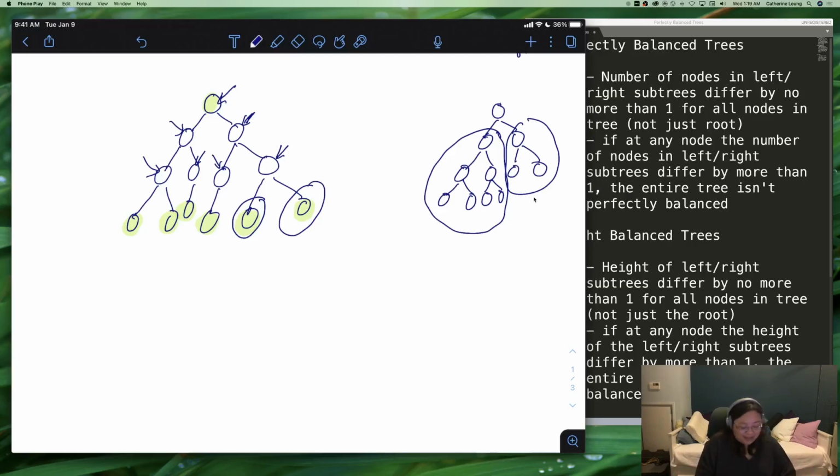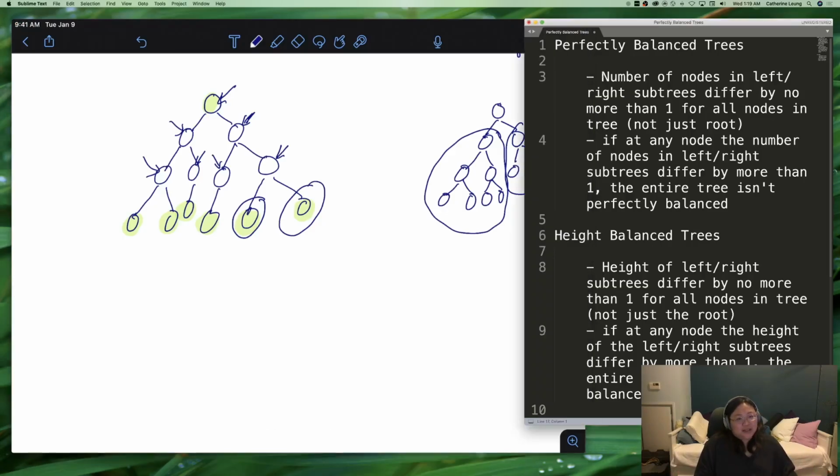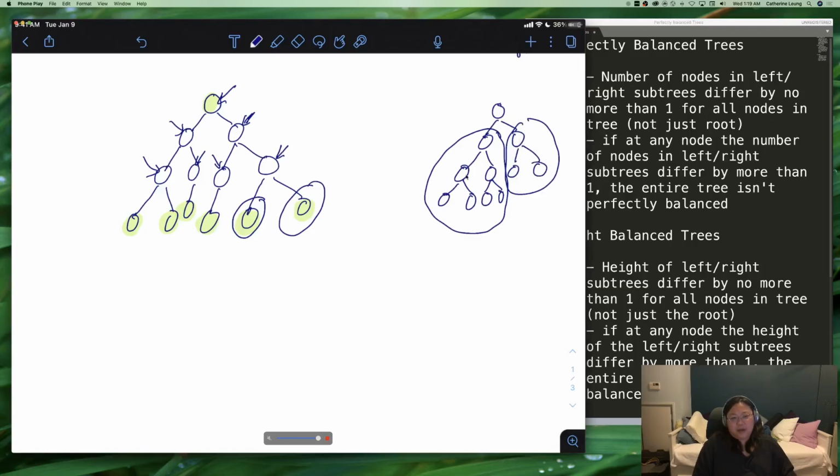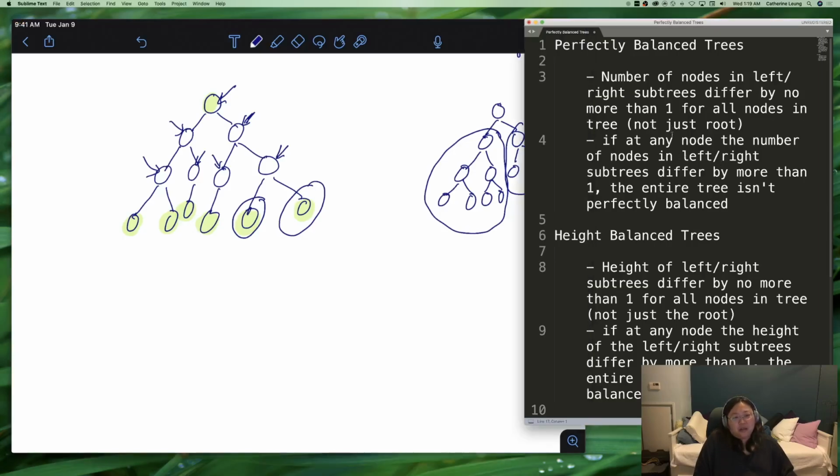While this is what we want, it's fairly hard to maintain, because the definition is fairly rigid. You can loosen it and still not have a big adverse effect on your search. So we don't need perfect balance. While this is great to have, we don't need it.